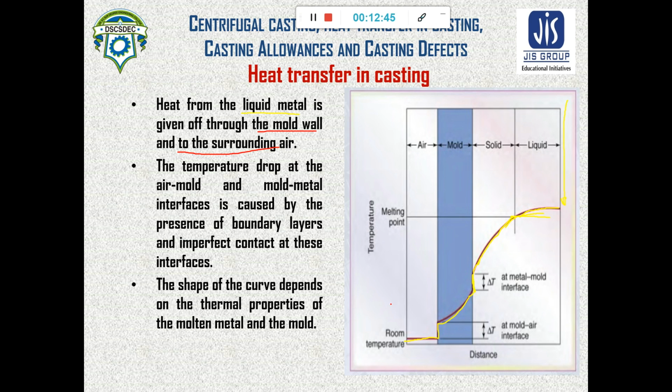So this part is our cast, or our molten metal part. The high temperature or high heat here is dissipated from here to here. So this is the direction of heat transfer.